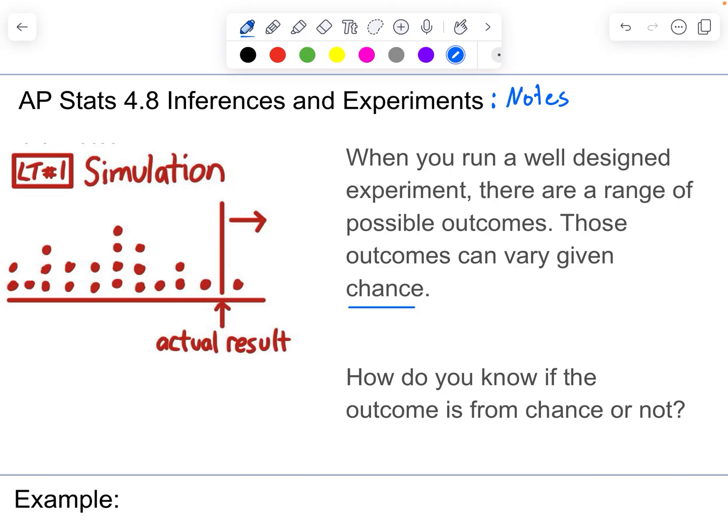So, the easiest way for us to think about checking this is when we run a simulation many times, how likely would it be to get your actual result compared to all of the other results?